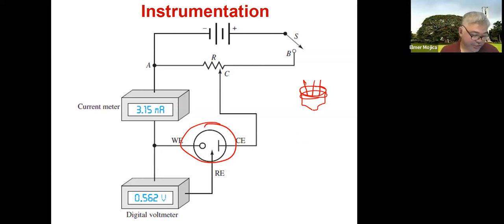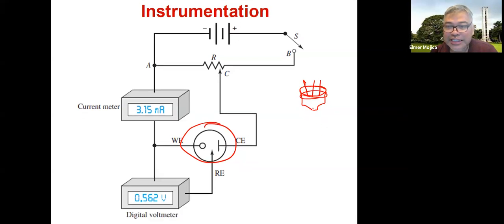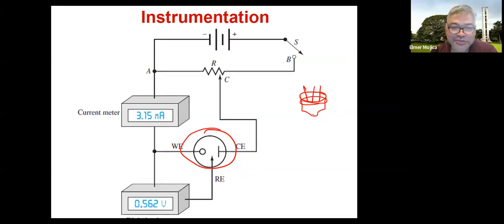So what can you see here? Ano yung makikita mo dito? You will see here the components of a simple apparatus for carrying out a linear sweep voltammetric measurement. There are three electrodes immersed in a supporting electrolyte solution.